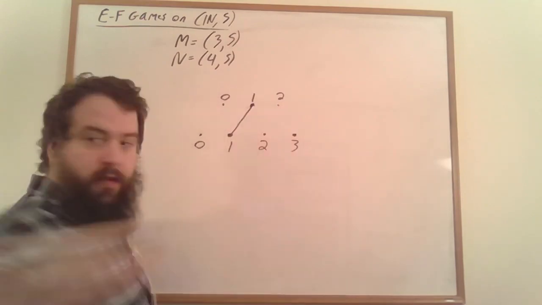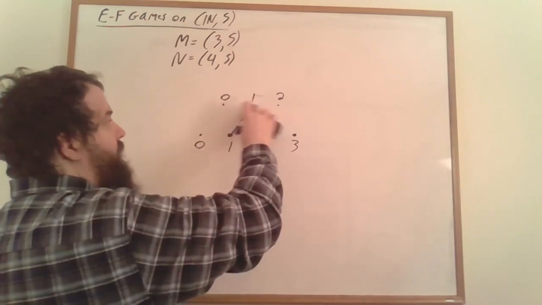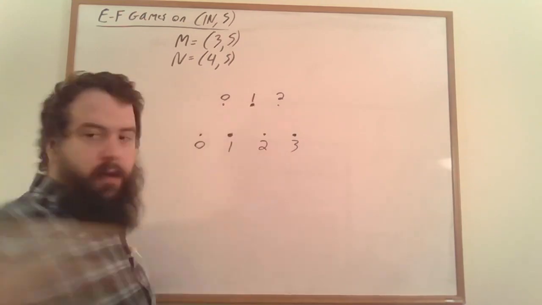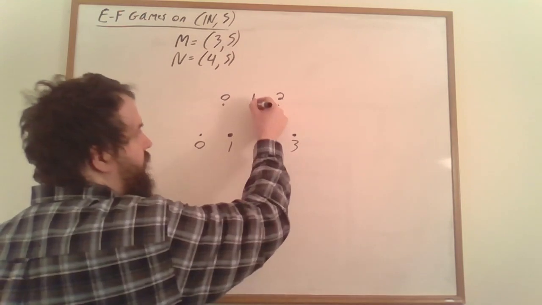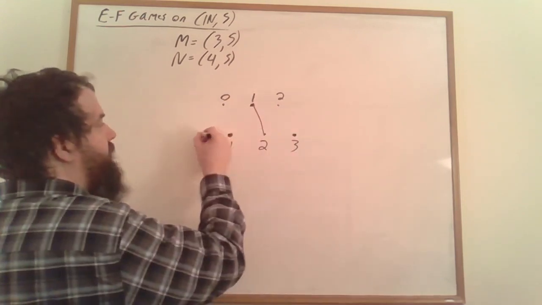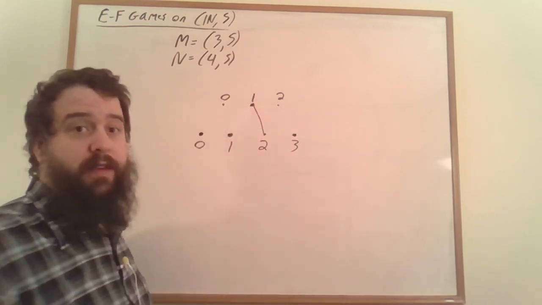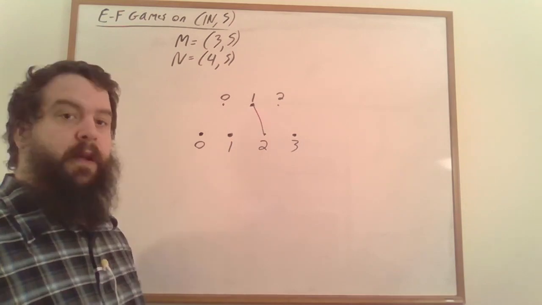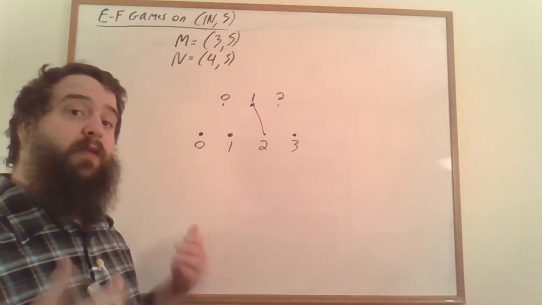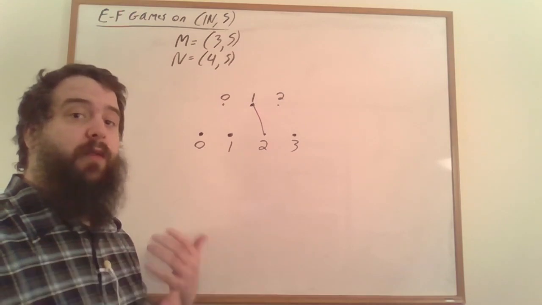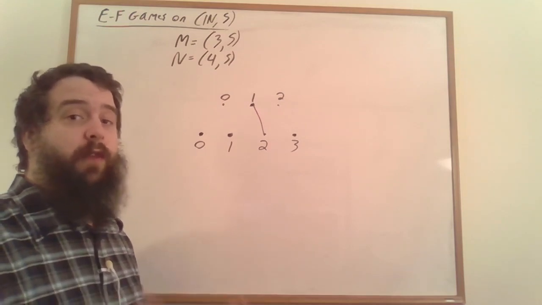So duplicator can't match to either of those two elements. And similarly, if duplicator matches this initial 1 to this 2 here, then spoiler can play at this 0 and win for exactly the same reason. It's a little bit complicated, but we can write out this strategy as a pair of formulas distinguishing these two structures.